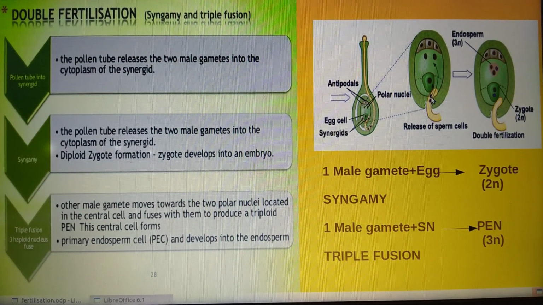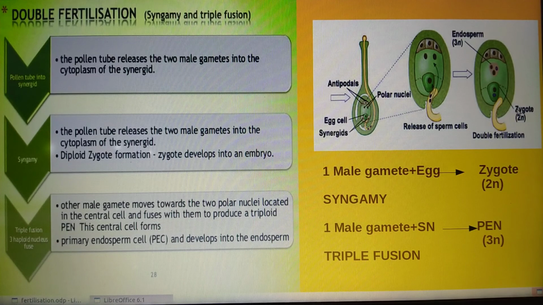One of the male gametes moves towards the egg cell and fuses with its nucleus to form a structure called a zygote. Is it clear? One male gamete fuses with the egg cell to form a diploid structure called a zygote.